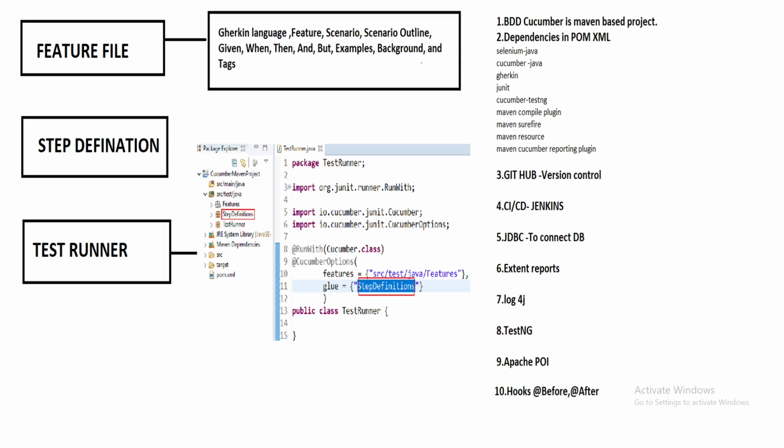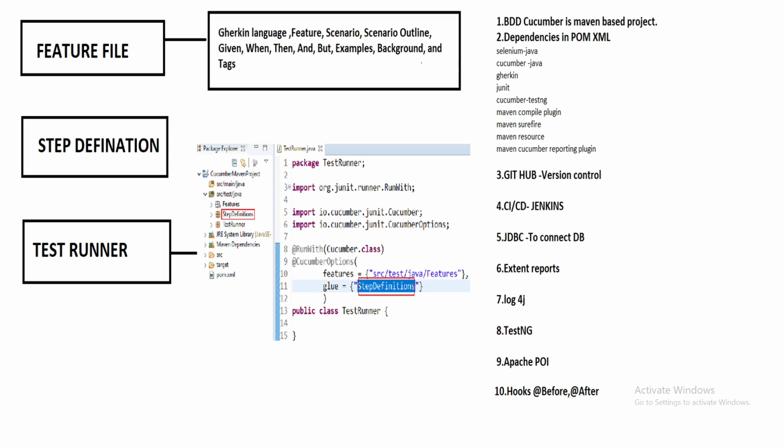So guys, what is BDD? Behavior driven, behavior data driven framework. What is Cucumber? Cucumber comes with a simple English language called Gherkin, using given, when, then. It has three components majorly: feature file, step definition, test runner.